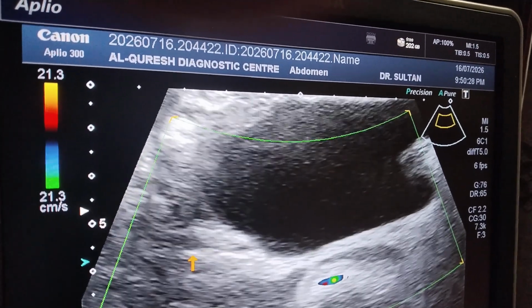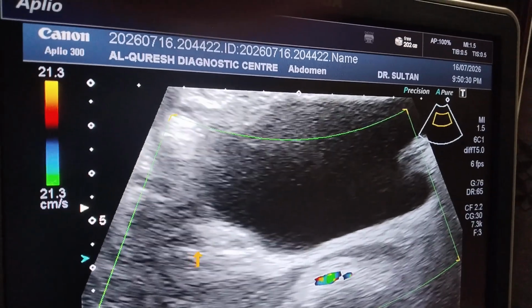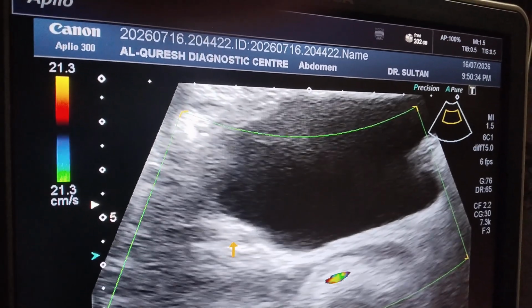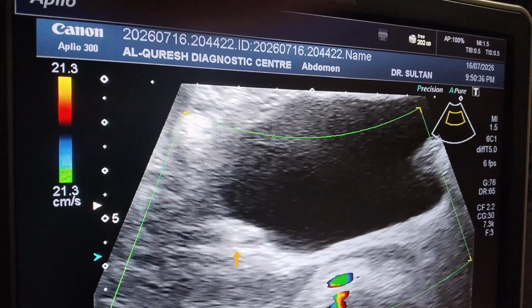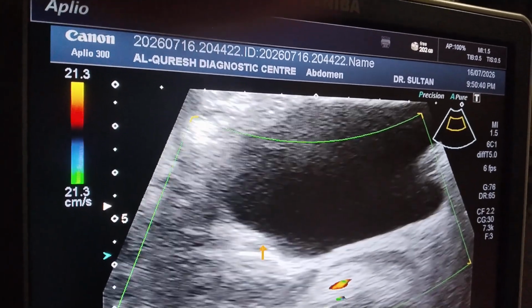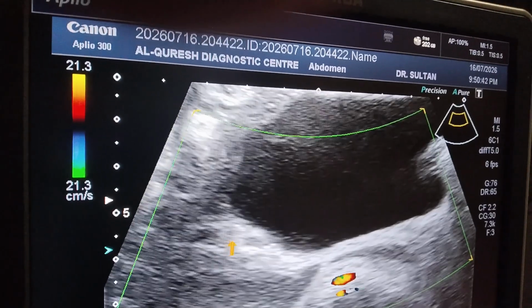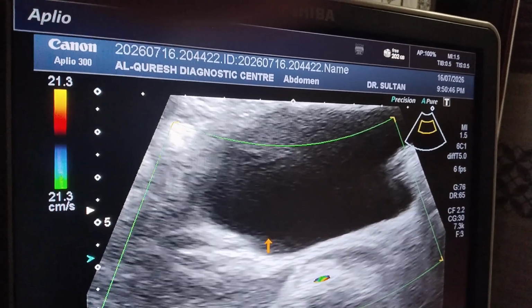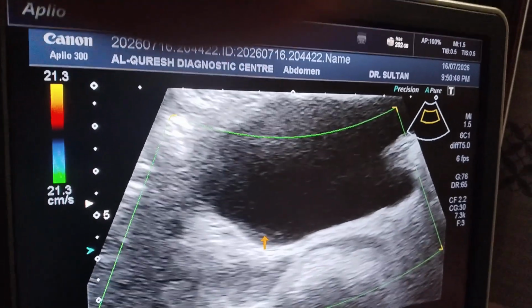Here the ureter is entering the posterolateral aspect of the urinary bladder. This is the posterior wall and this is the lateral wall, so posterolateral, and it takes an oblique turn here, due to which reflux is prevented.